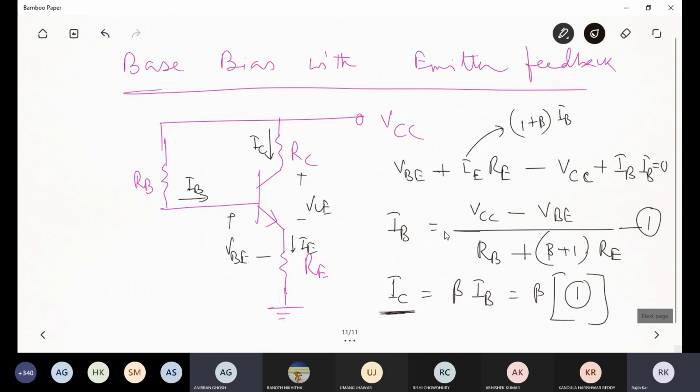Now to find out the value of VCE, you take the output loop. Output loop means this particular part. VCC will be there, IC RC will be there, VCE will be there, and IE into RE. So all together will be equal to 0. So VCE plus IE RE plus these potential drops across RC and RE equal VCC.